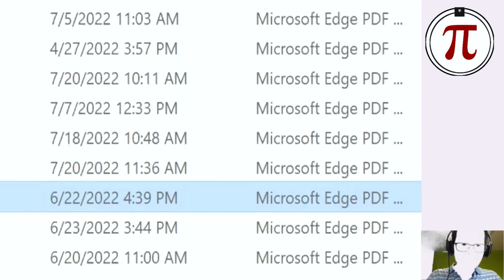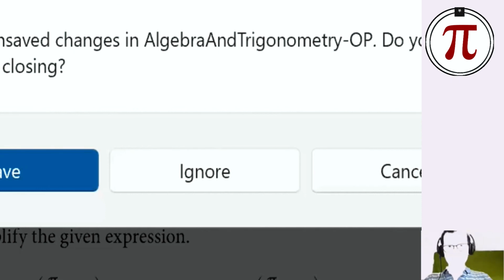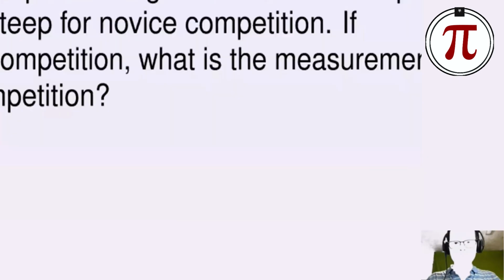Come on. I guess I opened too many files here. Okay, anyway, now it's good. New share.